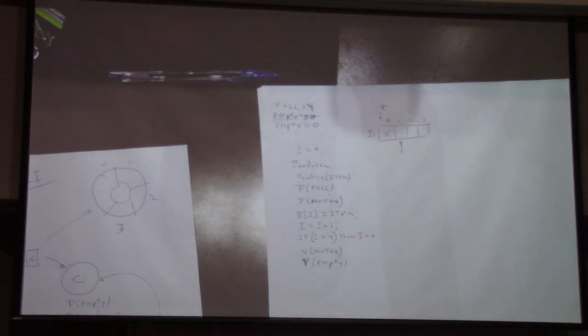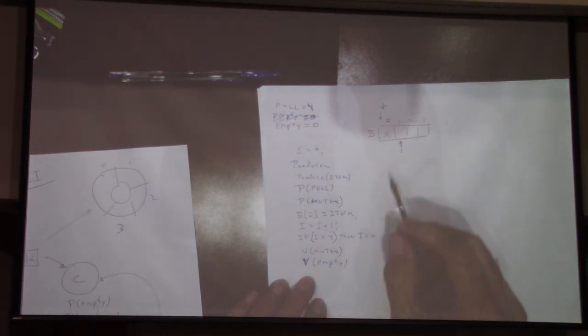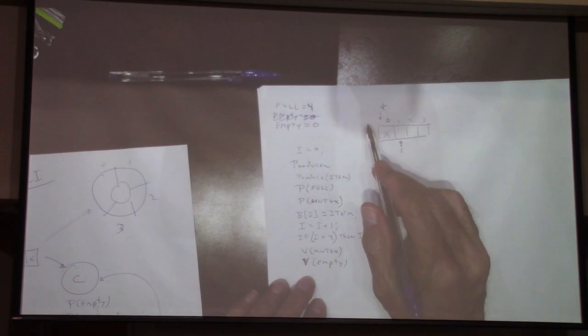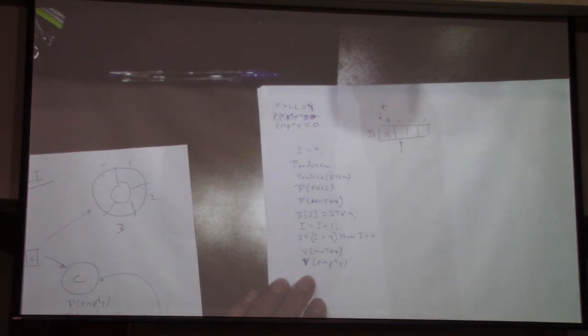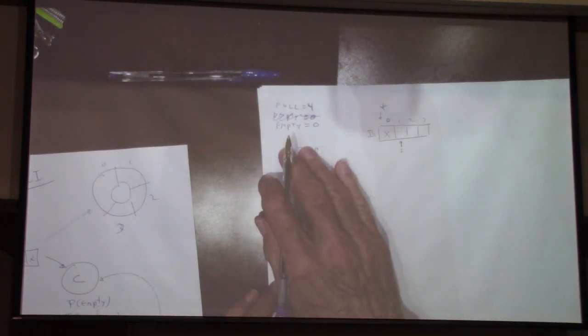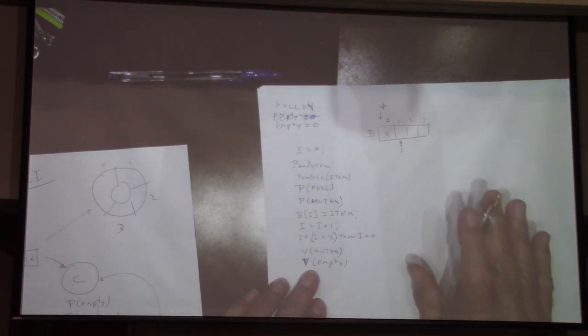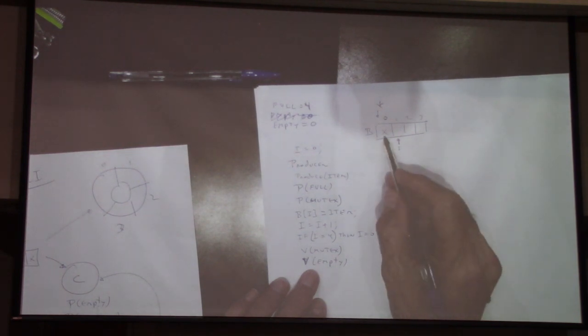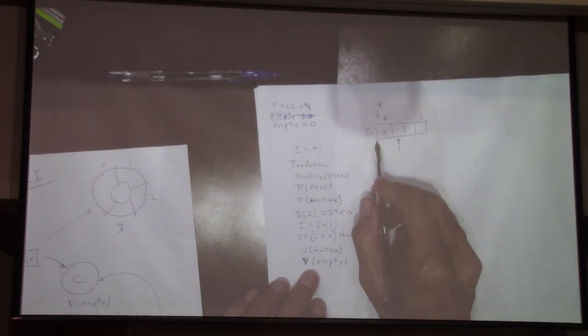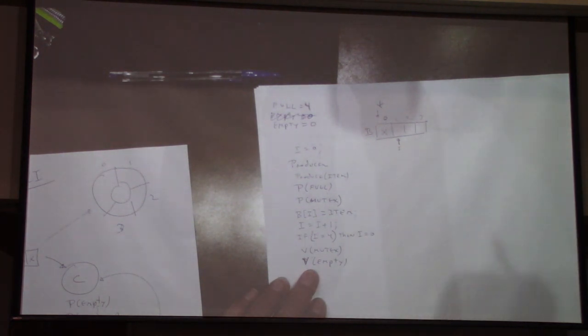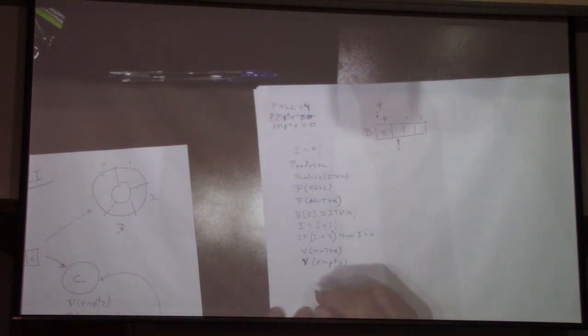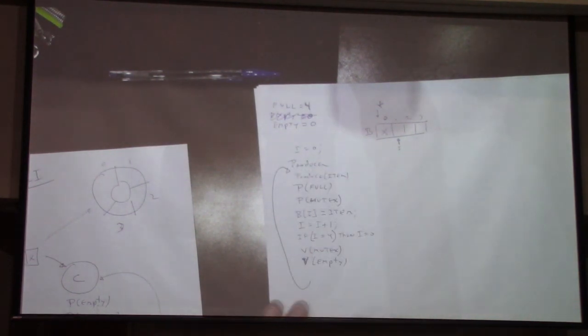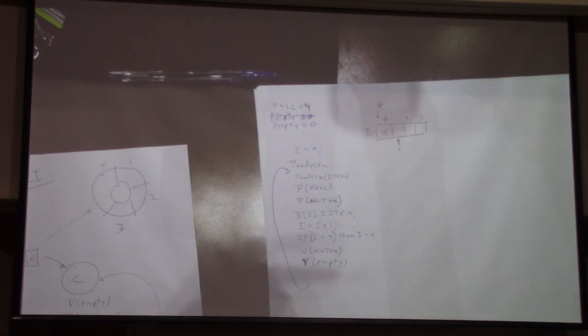It's a way to stop the consumer, but V of empty means that we increment the value of the semaphore associated to the consumer, and we're telling the consumer that there is an item there. Okay, remember V increments, P decrements. And then we could say that this is a process that is just iterating. In an operating system, there are many processes that are constantly running. Okay?